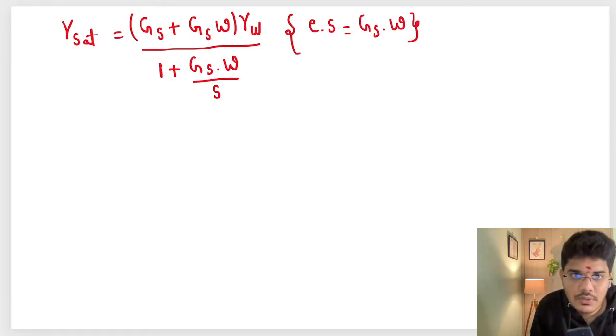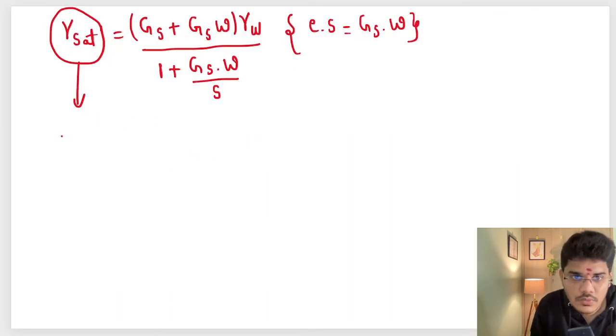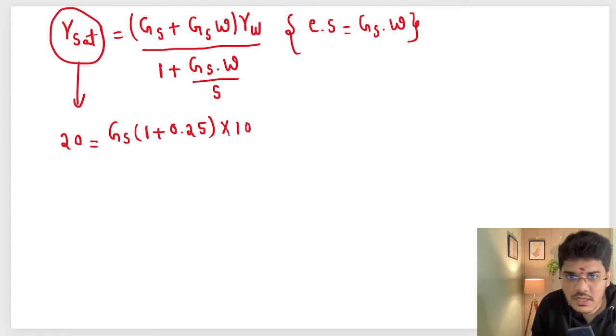So bulk unit weight he has given, 20 kilonewton per meter cube, and water content 25%. Here I am taking Gs as common, Gs into (1 plus 0.25), since water content is 25%, into gamma w, that means 10 kilonewton per meter cube he has given.